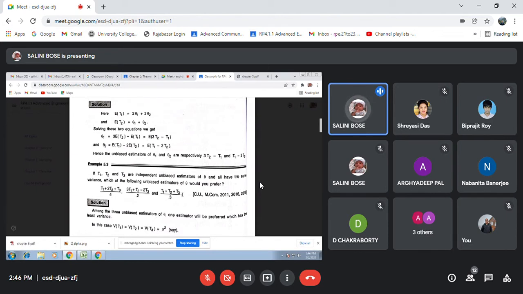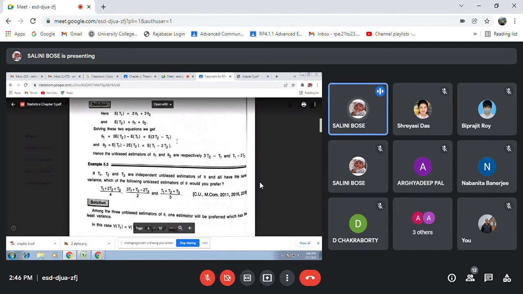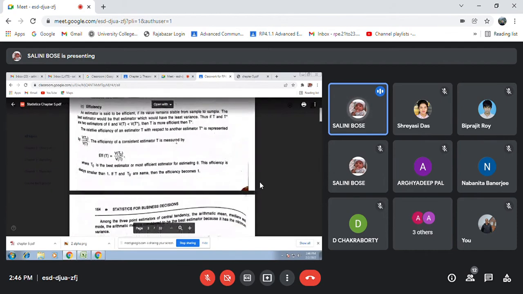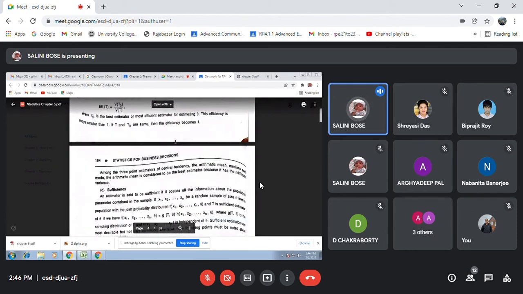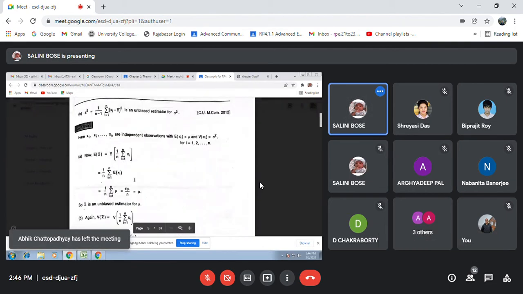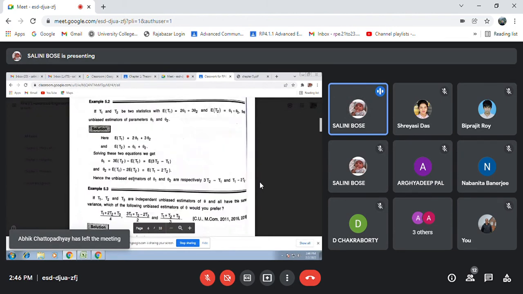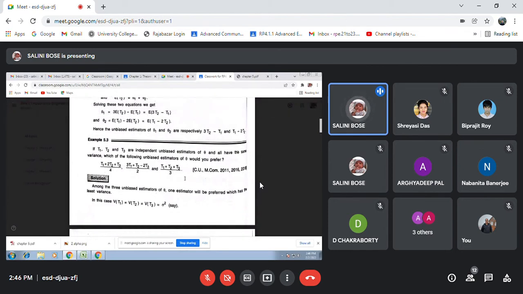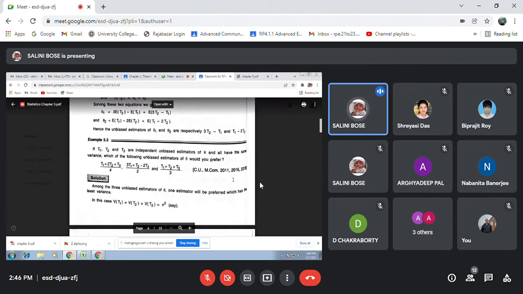So how to do it? In terms of variance, you have to find. So what have you learned? You learned that to be a good estimator, your variance must be very less, right? So you find out the variance for each case and see which one has less variance.